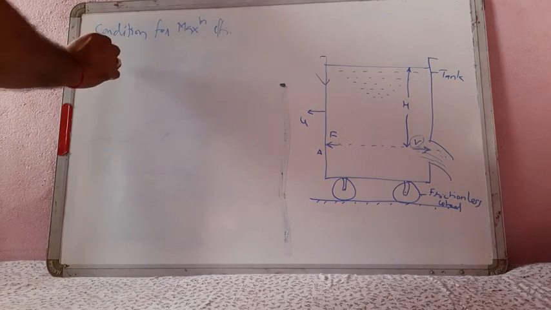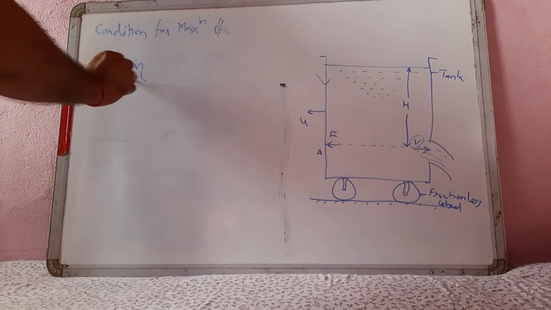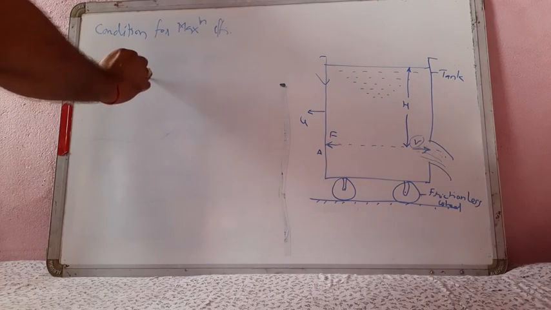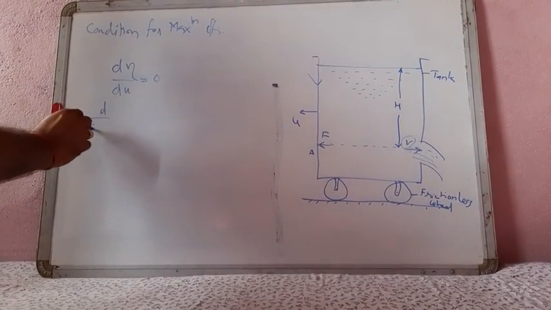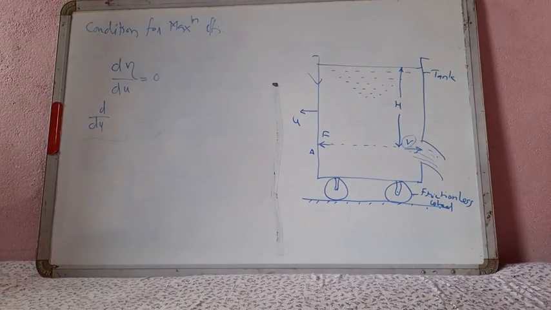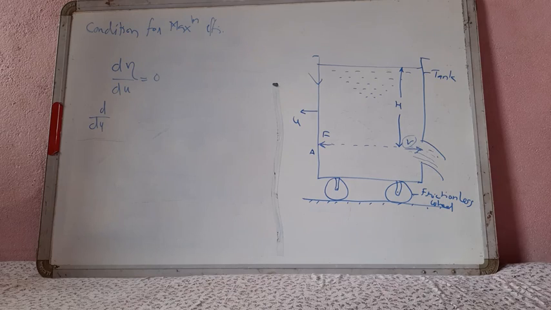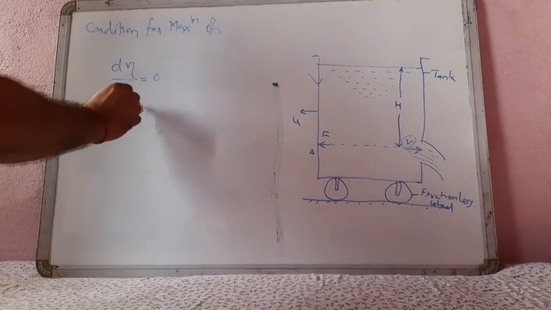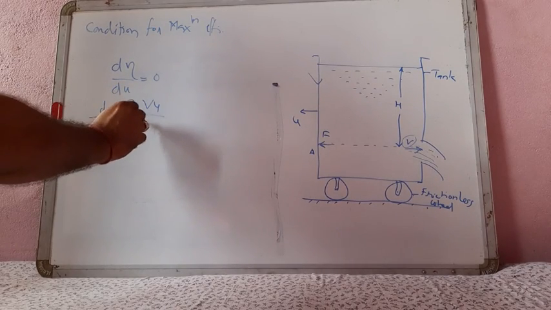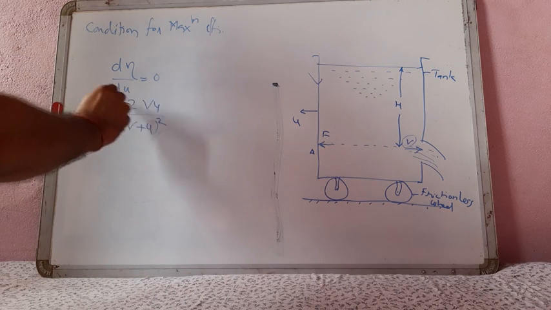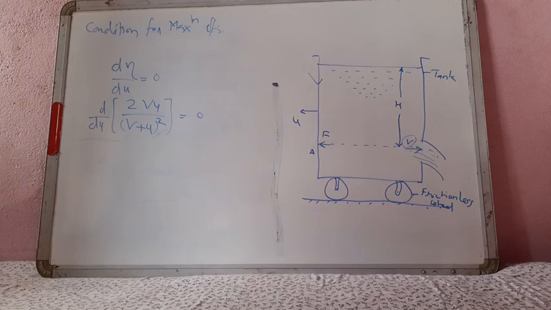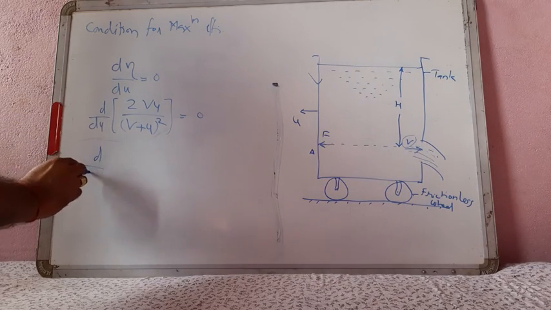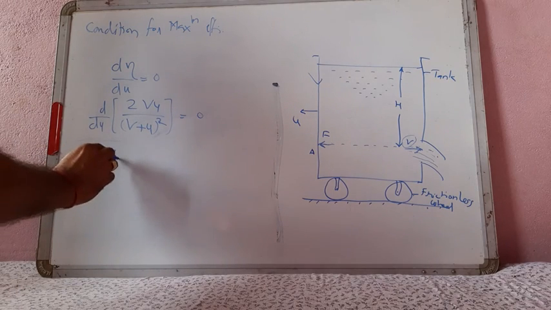Here, if we differentiate eta with respect to u and equate this to 0, then the maximum efficiency will be found. d by du of 2vu by (v plus u) square, equating this to 0.